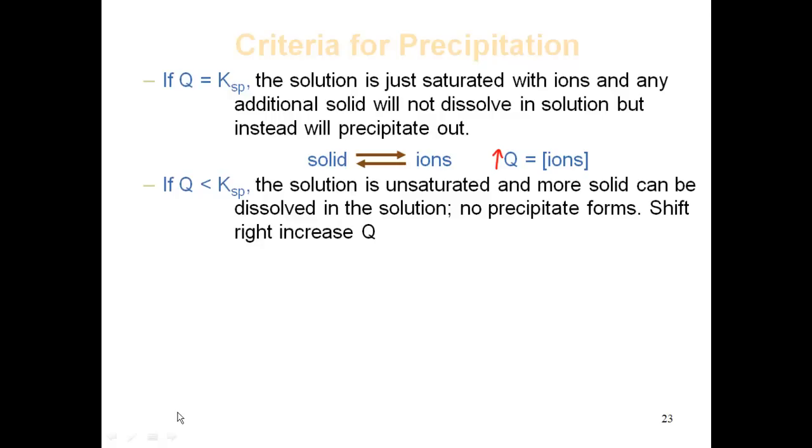For Q to get bigger, the concentration of my ions has to get bigger. For that to happen in my equilibrium, my reaction would have to shift to the right, which means it's pointing toward making more ions, which means I have more room for more substance to dissolve. So in a case where Q is less than KSP, we're talking about no precipitation. Basically, we're before the saturation point.